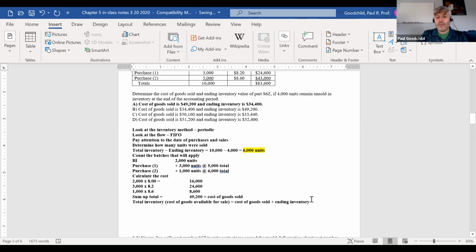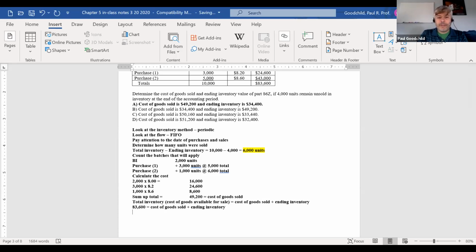So here we had 83,600, and that equals the cost of goods sold plus the ending inventory.